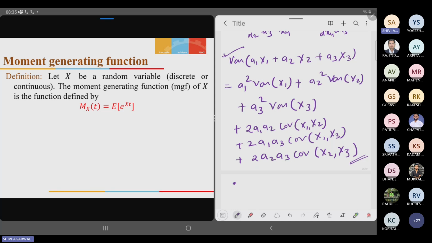We use this IID term because their marginal density function is the same for each variable. We will use that in the statistics part, and before doing the statistics part we are doing the moment generating function.